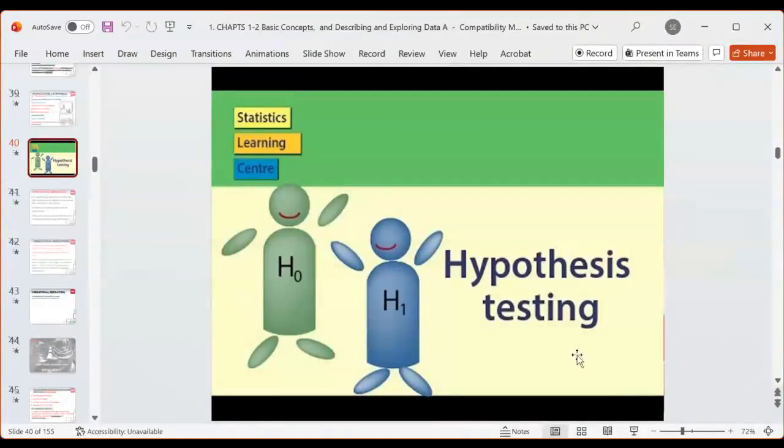And just to show you the picture of hypothesis testing that we measure. H1 is us, the researcher, when we develop a hypothesis. H0 is the null. Null always says, no, I don't think so.